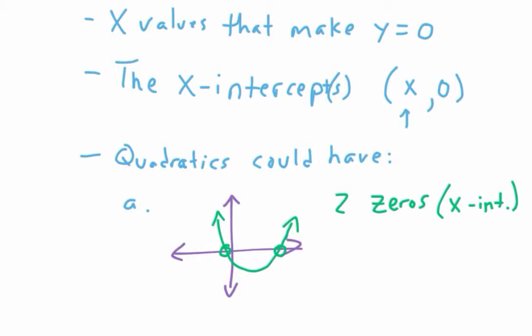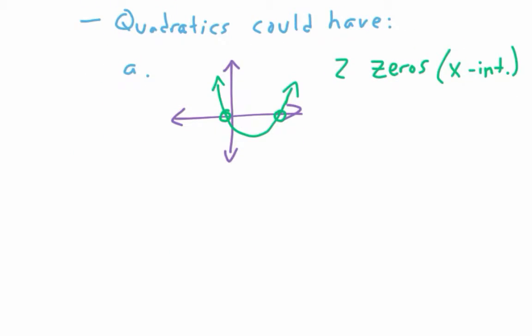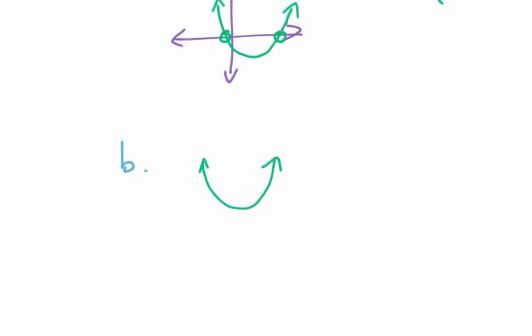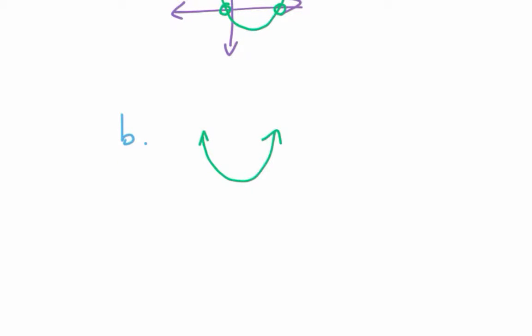Does that make sense? We could also have a parabola. This time I'm going to draw my parabola first because it looks better that way. It would work opening up or opening down. So the second option is a quadratic where it just goes down and touches the x-axis once and then goes right back up.